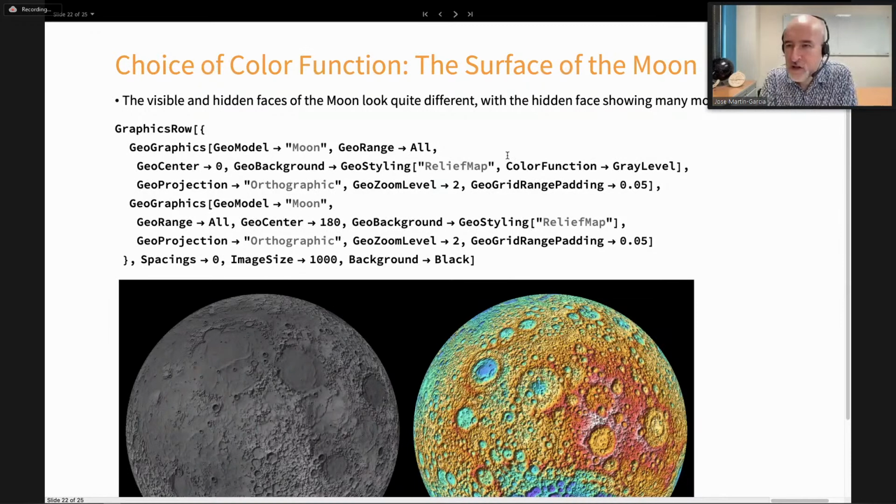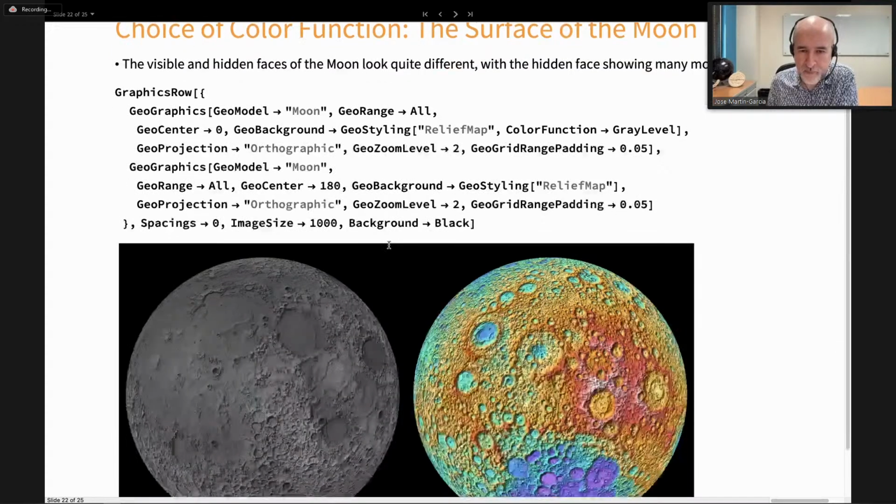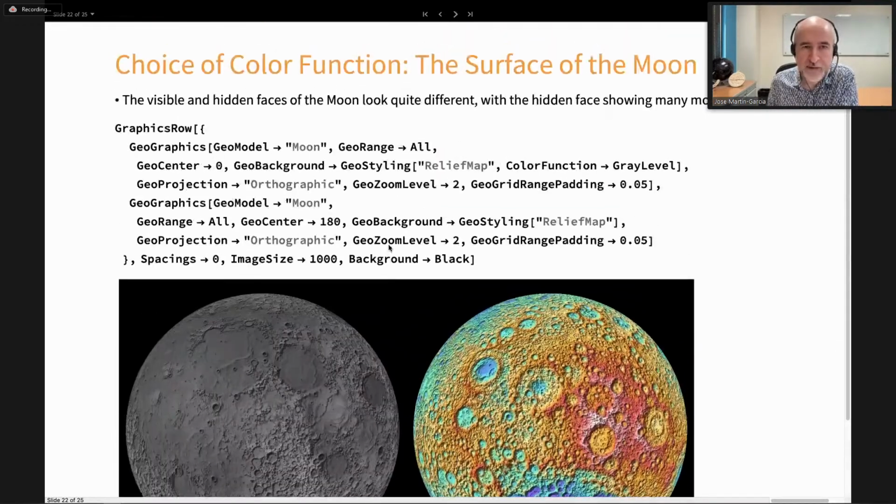Color functions. This is also very interesting freedom. And here the example is about the moon. So we have elevation information about the Earth, of course, the moon, Mercury, Mars, and some other celestial bodies. So this is about the moon, and we are using a relief map that's using the geo elevation information.